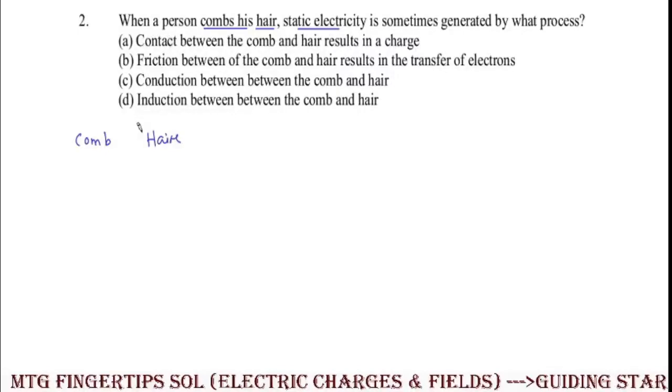So if you simply keep the comb upon your hair or just touch it without combing, both of them will get charged. I think that will not be the correct option.